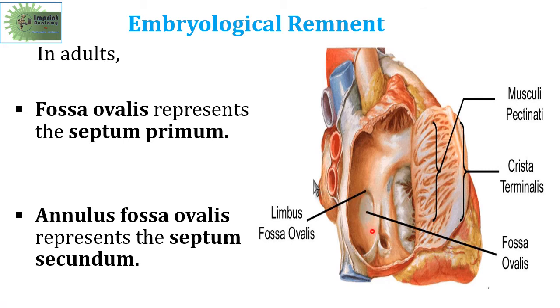septum primum. At the upper margin of the fossa ovalis, it shows the prominent structure which is called the limbus fossa, or it is also called the annulus fossa ovalis. This annulus fossa ovalis represents the septum secundum.